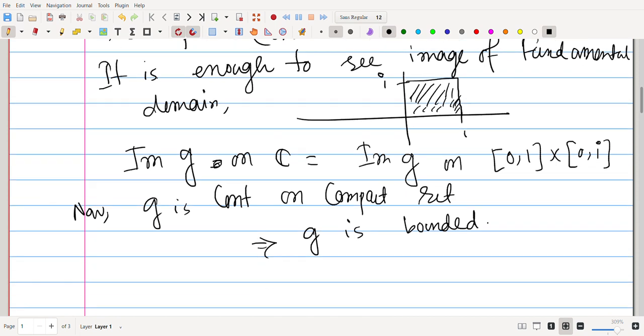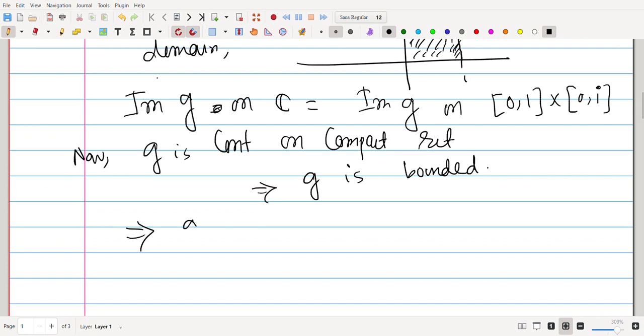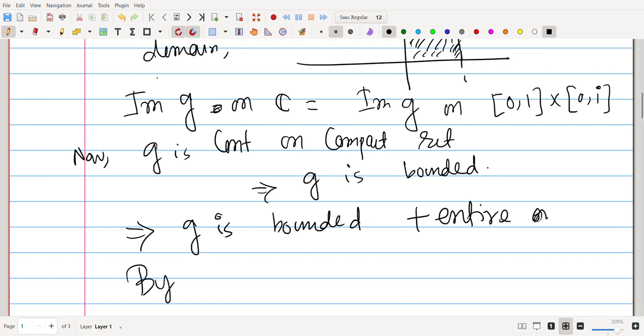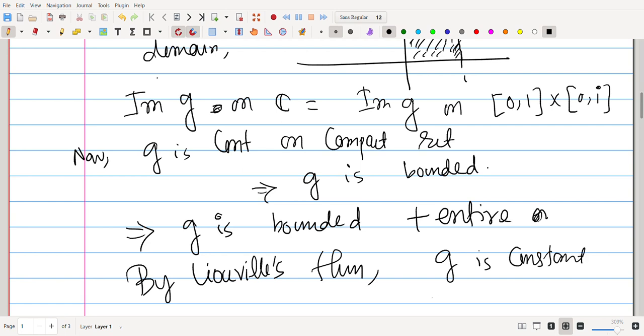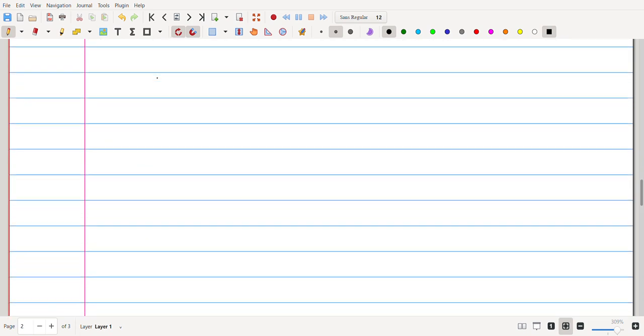That means g is bounded and entire. By Liouville's theorem, g is constant. f(z) minus z is constant, so f(z) equals z plus c. So this one is an easy one.